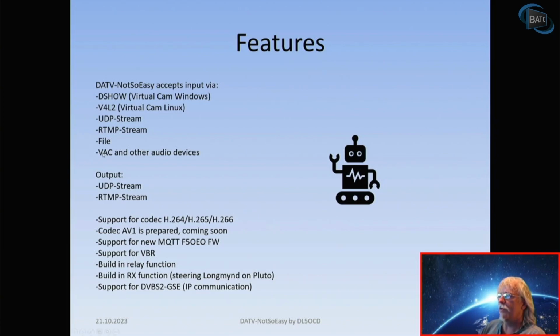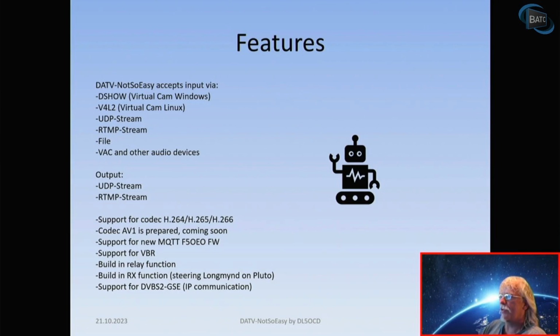And it also supports the virtual audio device from well-known other software packages. The output is a UDP stream or an RTMP stream. You can choose it in the setup of the software.